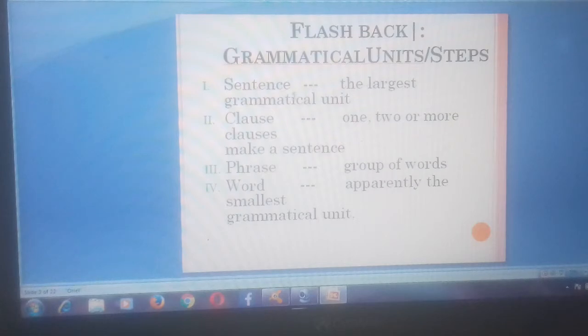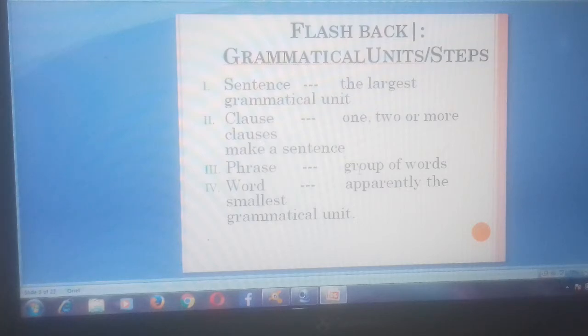If we write sentences, if we speak sentences, if we listen to sentences, so undoubtedly sentence is the largest grammatical unit, and we must have proper idea about sentence. Then if we come down, we will find clause. Clause is the immediate smaller unit of sentence. One, two or more clauses make a sentence.